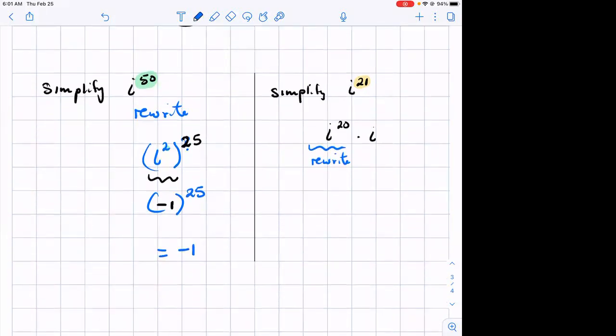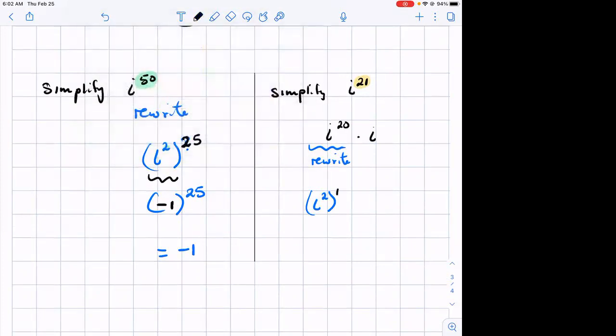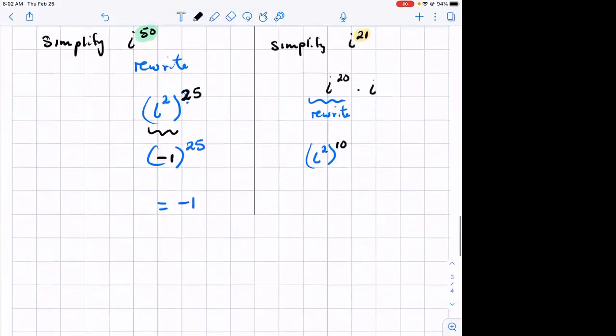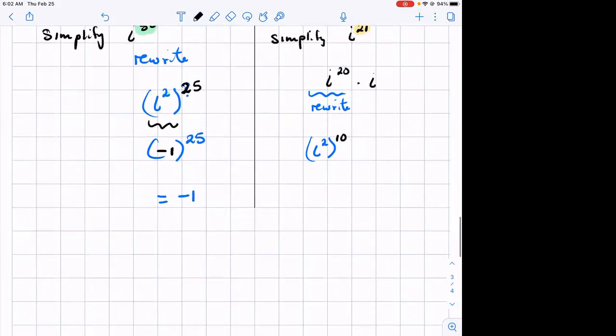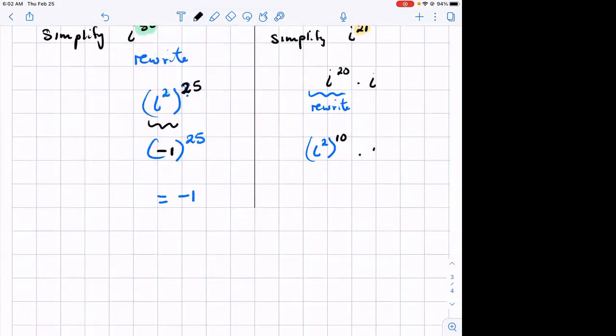If we rewrite that, we get i squared raised to the 10th power, because 2 times 10 will give you 20. And don't forget, we have to bring down our i. We know the inside i squared is minus 1.